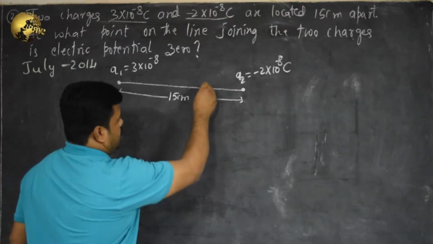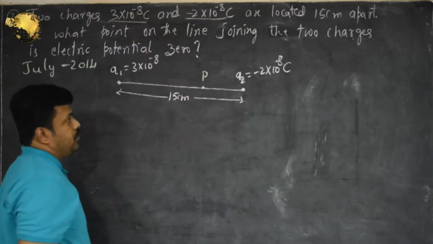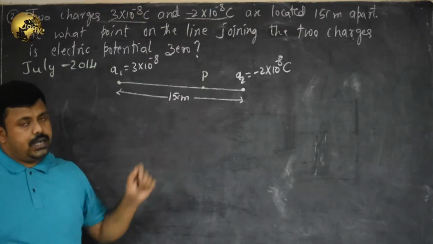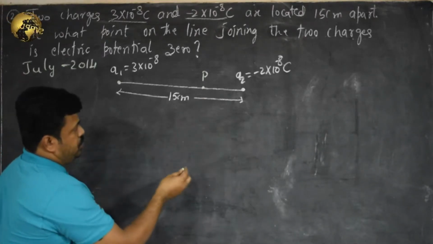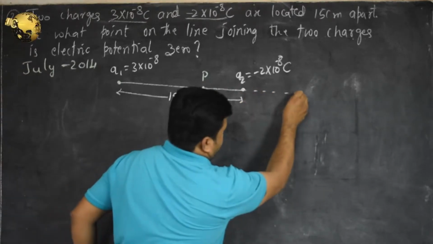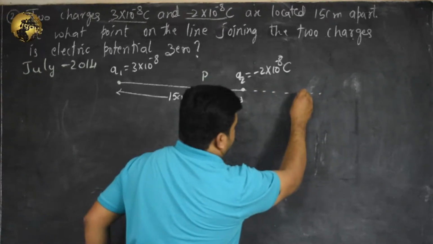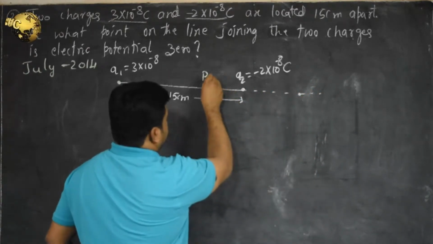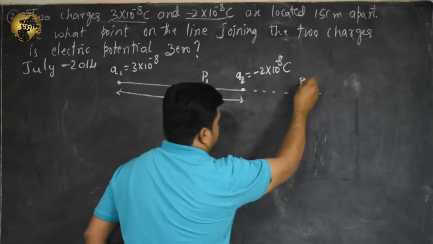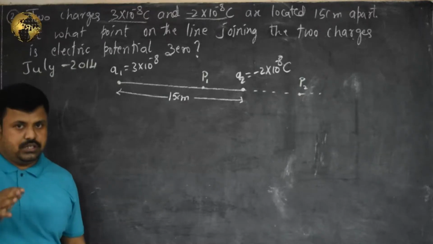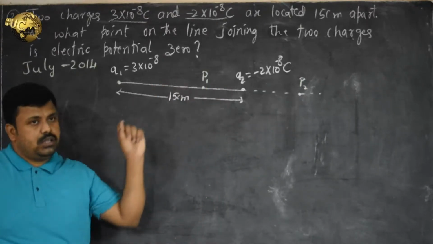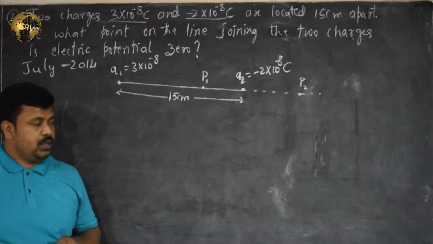Let us say this point P, one point where the electric potential is 0. The other point is outside these two charges, and it is also near to the smaller charge. So you can call this point 1 and this point 2. These points where the electric potential is 0 are always near to the smaller charge.